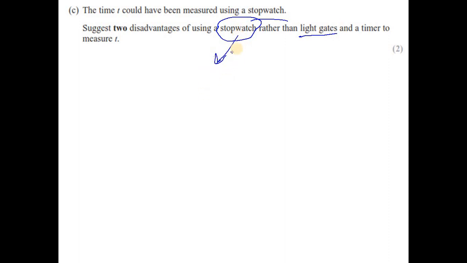And if we are using an analog stopwatch, there will be a parallax error. And of course, because we are measuring distance, we might have a parallax error there too. But for a stopwatch, the human reaction time and the zero error are also involved.